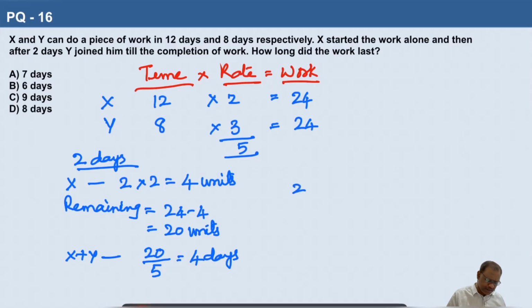So 2 days plus 4 days, total 6 days. The total work is completed in 6 days. So option B is the right answer.